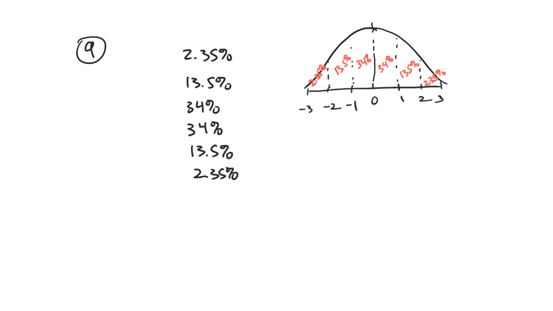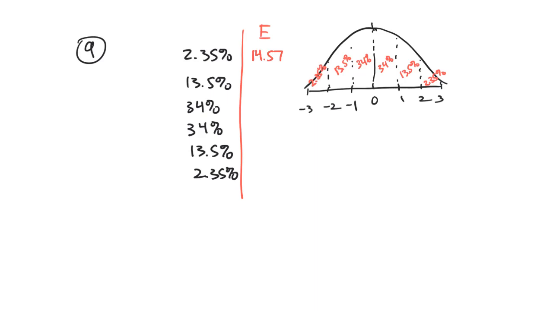To find the expected value, I'm going to make a little category here, the expected value. We take 620 and multiply it by each one of these as a decimal. So 0.0235 times 620 gives us 14.57 days.